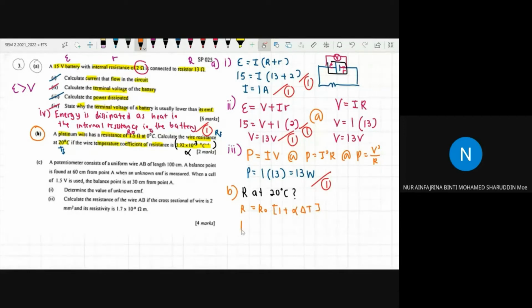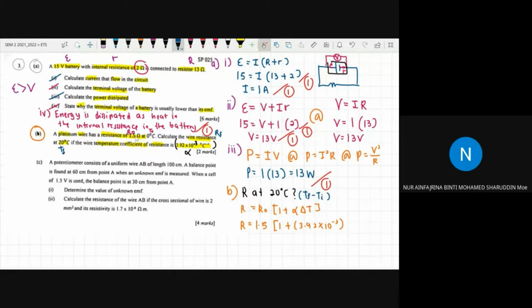So sekarang kita nak cari R kita. R naught kita waktu temperature dia 0 degree Celsius adalah 1.5. Okay, 1 plus alpha kita adalah 3.92 times 10 to power of -3. Dan kita tahu kalau change in temperature, maksudnya dia adalah final temperature tolak dengan initial temperature.